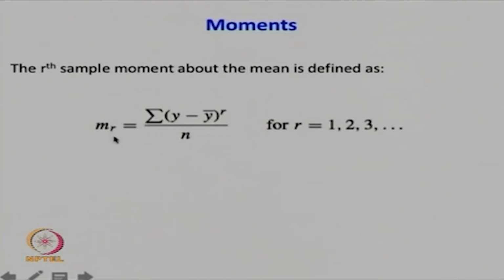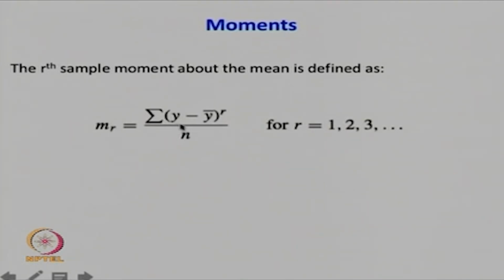Okay. Again, we can use it for calculating higher moments, like the third moment about the mean, summation y minus y bar whole to the power 3 by n. One aspect that we discussed in the last class was that, depending on the nature of the distribution, all odd moments about the mean, which means m1, m3, m5, m7 and so on, will return a value of 0.